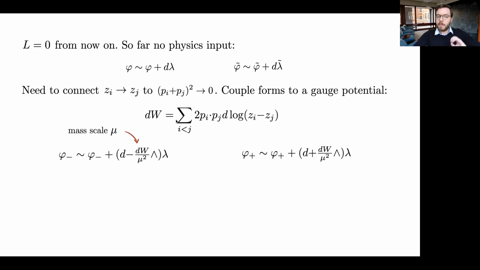This forced us, because notice that the potential itself has non-trivial mass dimension, to introduce some mass scale, which I will just call mu, for this to be dimensionless. And I will come back to the interpretation of mu in a second. In order to avoid confusion, I'm just going to call this space of differential forms ordinary forms, and the ones that we're interested in twisted forms.